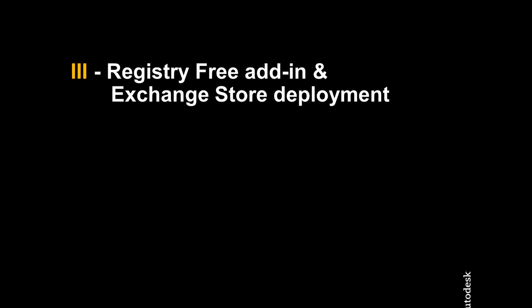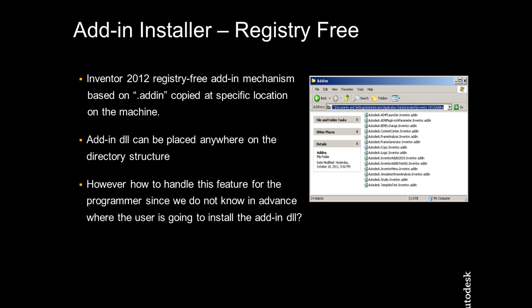Okay, so let's see now how we can create an installer in order to deploy our registry-free add-in to a client machine, and as well some information about creating a package ready to be uploaded onto the Exchange store online. As we have seen previously, the .addin file has to be copied to a specific location on the machine.